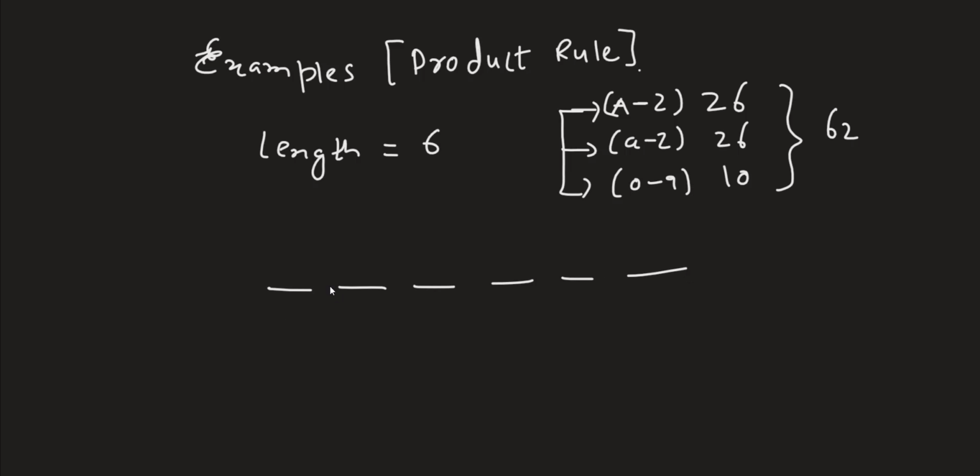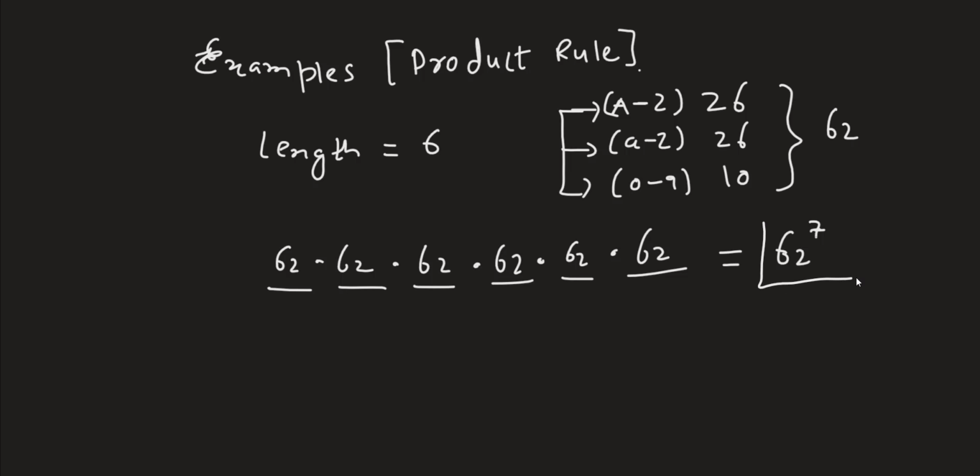So this entire procedure has 6 tasks, and each task can be represented in 62 ways. So this will be equal to 62 times 62 times 62 times 62 times 62 times 62. So we'll get 62 raised to power 7 number of ways that we can choose the password.